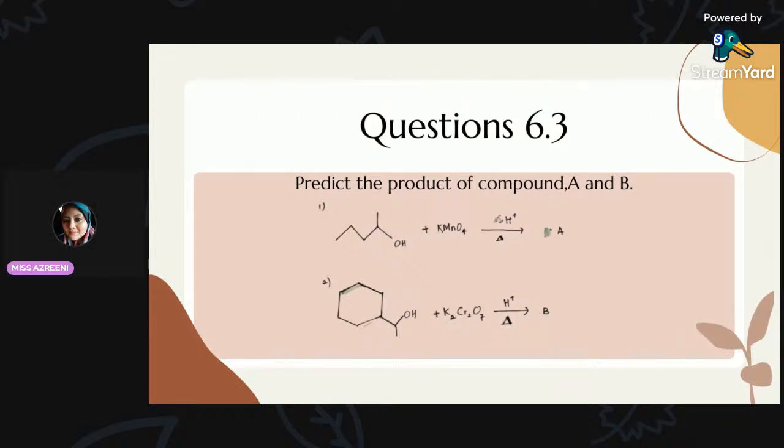Apa nama produk yang terhasil compound A tu? Kat sini you kena check dululah sama ada dia primary ke secondary ke tertiary.